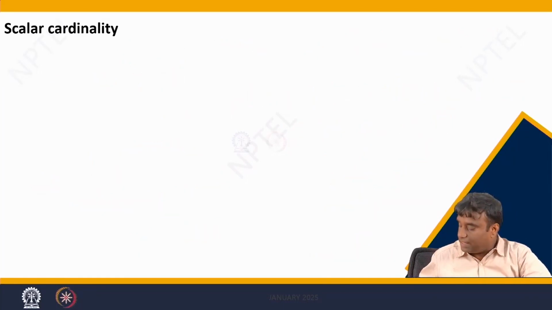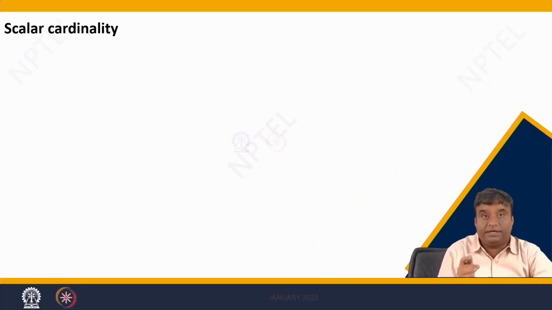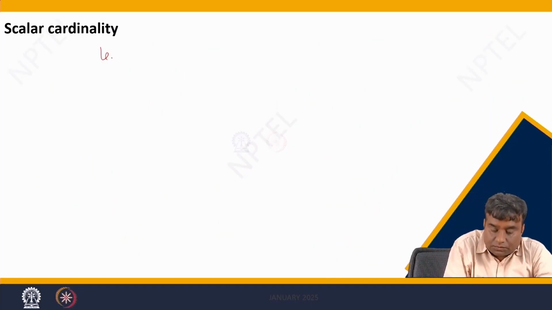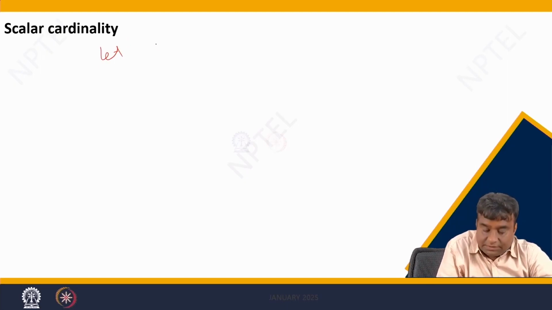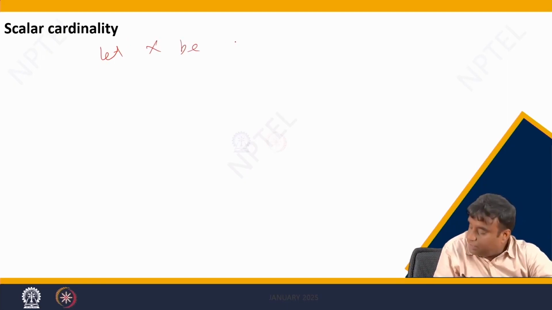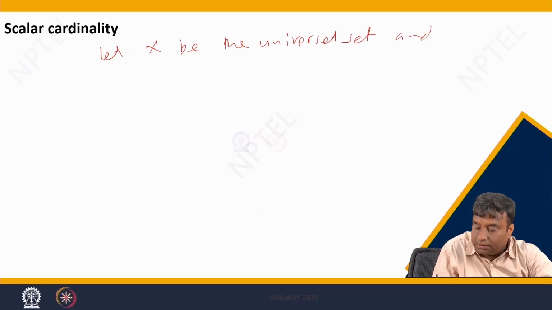Next is the scalar cardinality. Let X be the universe set, and A be a fuzzy set.